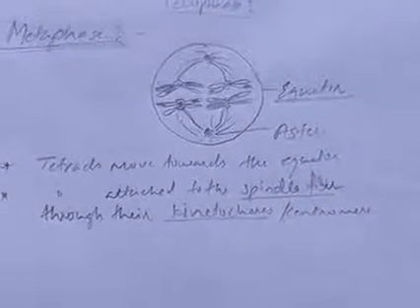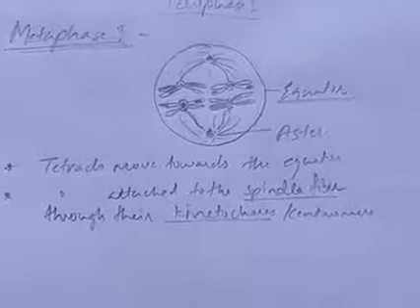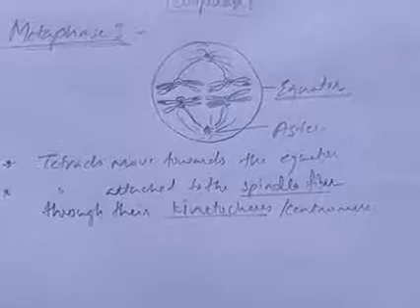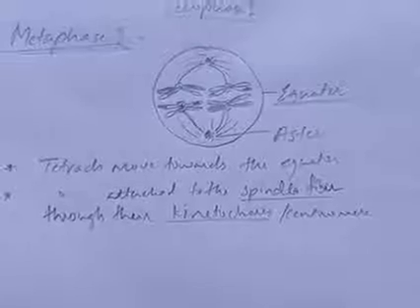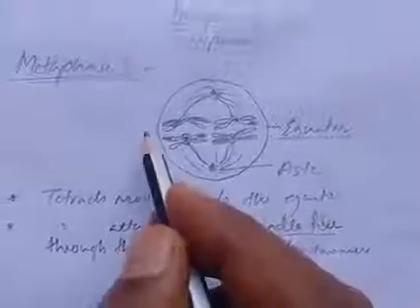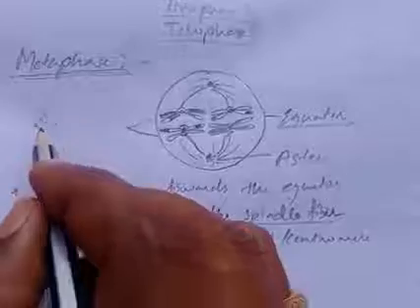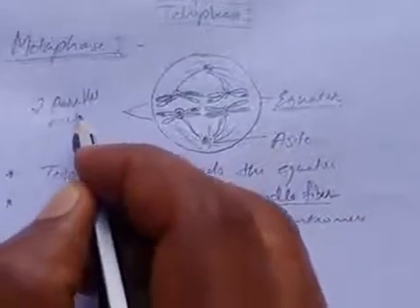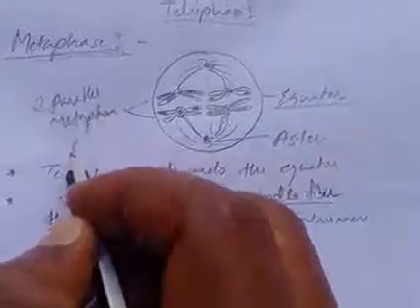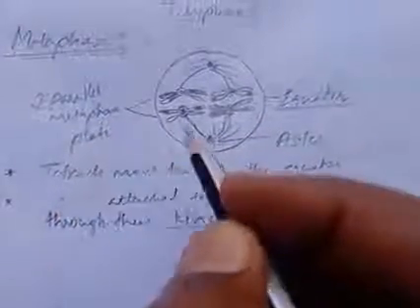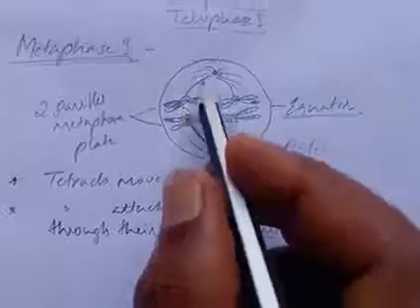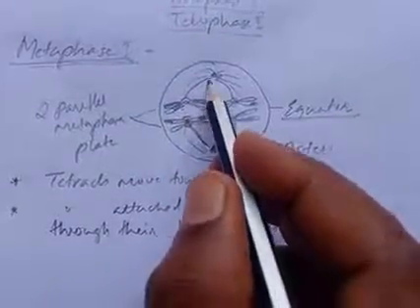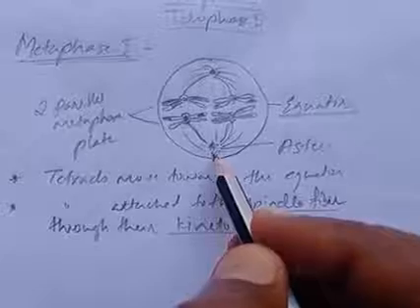The next point is that we observe two parallel metaphase plates, because these homologous chromosomes are at one pole and other homologous chromosomes at another pole.